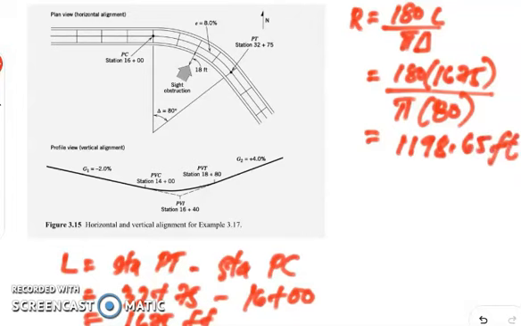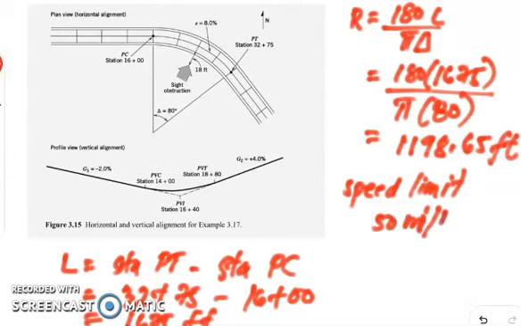With our speed limit of 50 miles per hour and a superelevation of 8%, our design speed is the speed limit, which is 50 miles per hour, and of course, our e, the superelevation, is 8%.